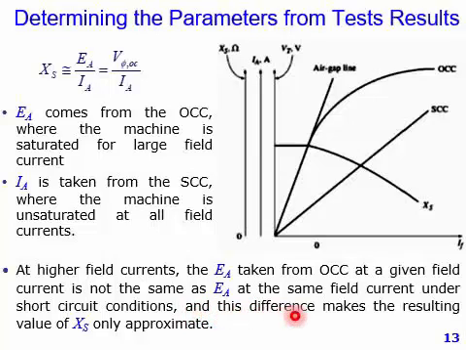This difference makes the resulting values of X of S only approximate. So that's the reason the values are approximate, not exactly equal.